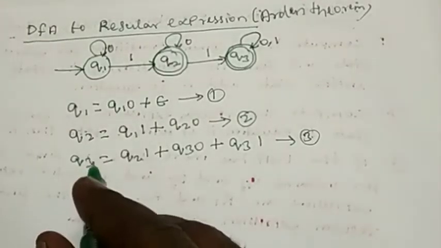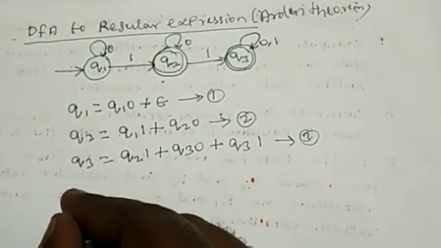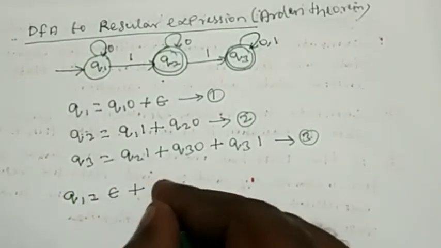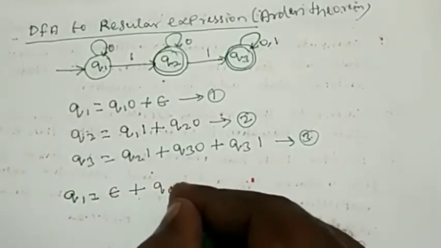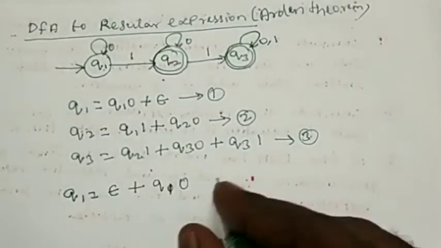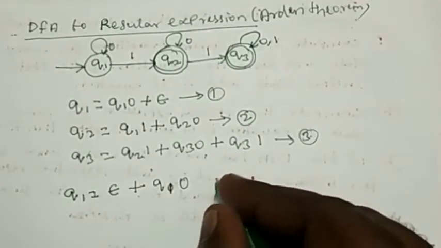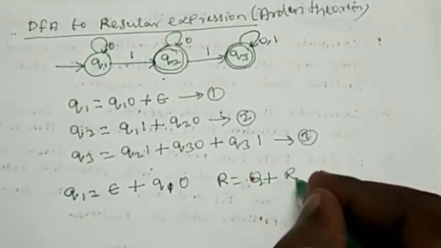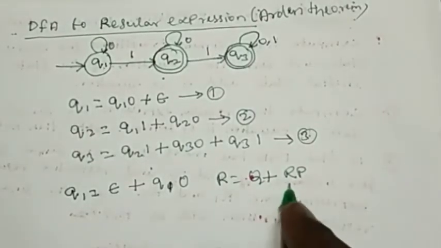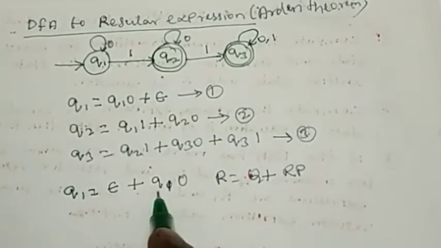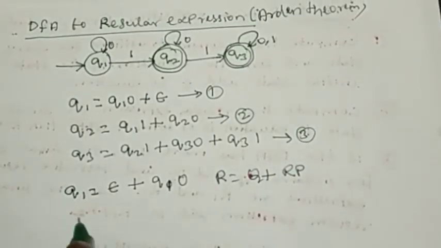Now the Q1 equation. I rewrite this equation as Q1 equals epsilon plus Q1 0. Now compare this to the standard regular expression equation R equals Q plus RP. This equation exactly resembles it.